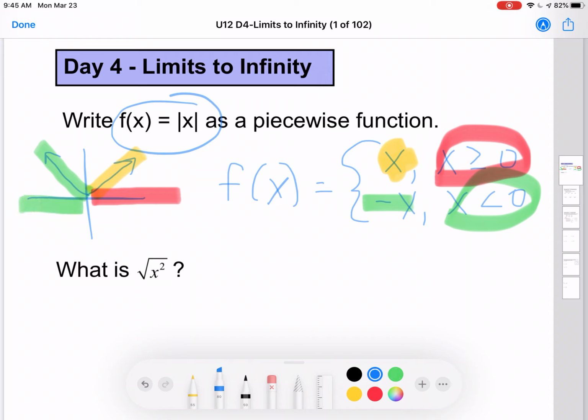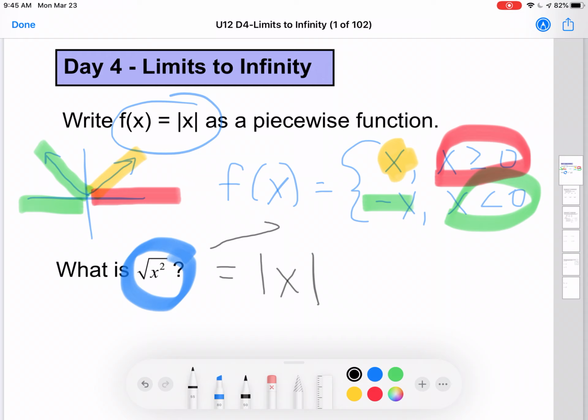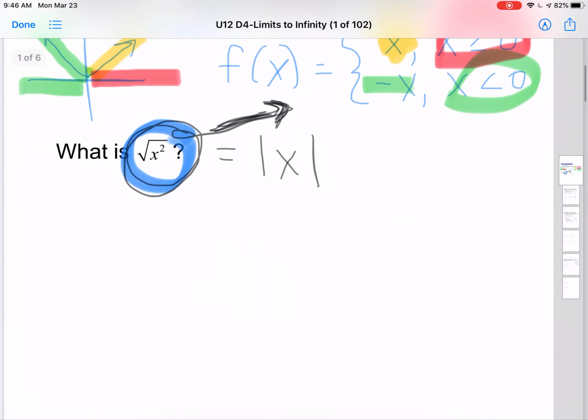And then on that day also, I showed you that the square root of x squared is also equal to the absolute value of x. So therefore, the square root of x squared can also be written as that piecewise function. Now this is going to come in super duper handy today, that we're going to use this and this together. Okay, so that'll come in later, and that's just for a little bit of the lesson.